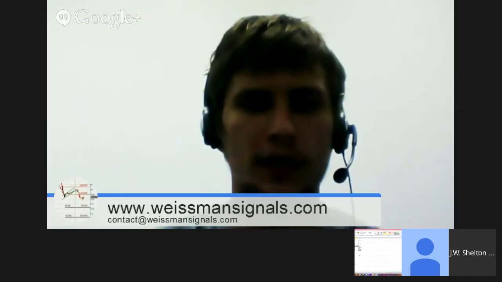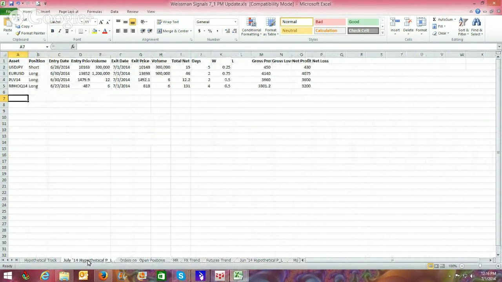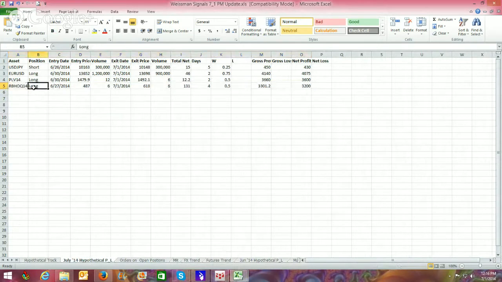Do you want to maybe point out the most recent spread that the signal sheet had? Yeah, let's take a look. So we don't have an active position. We actually had one, which got stopped out of the remainder just today. So we were long the RBHO, the product spread. So RBHO is the core symbol.